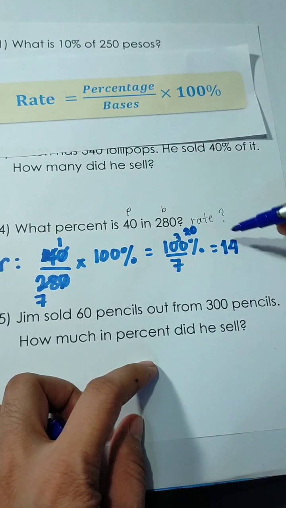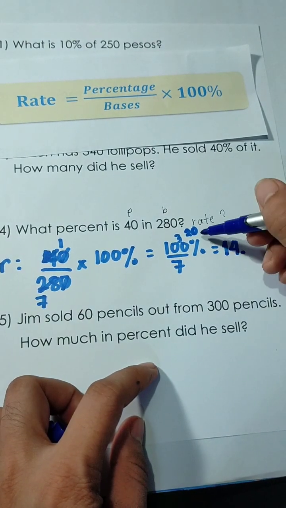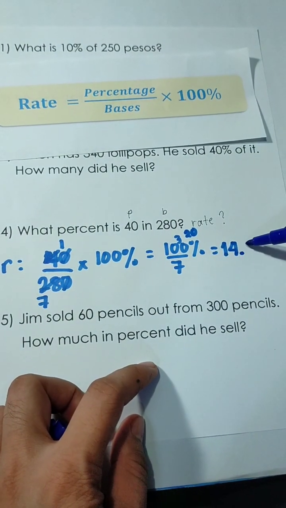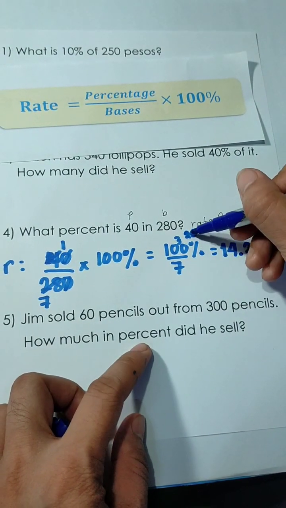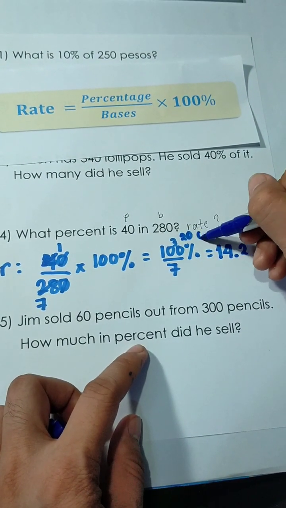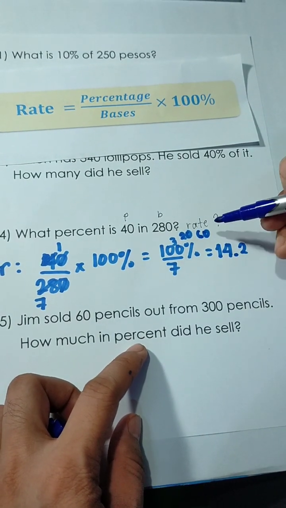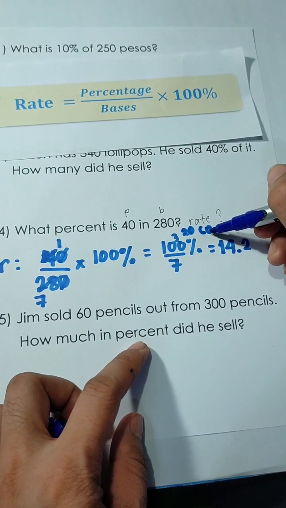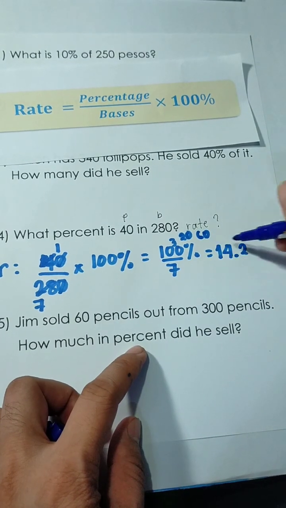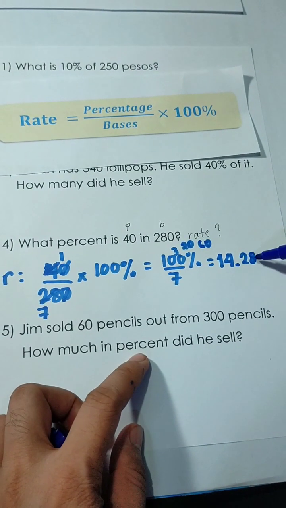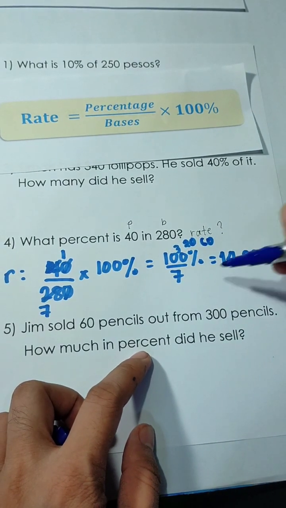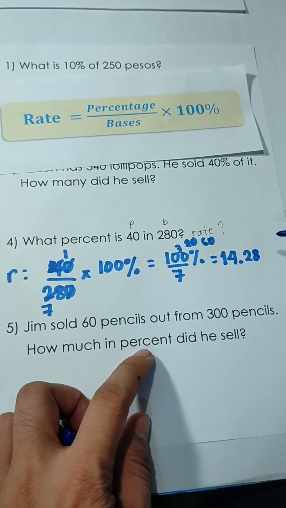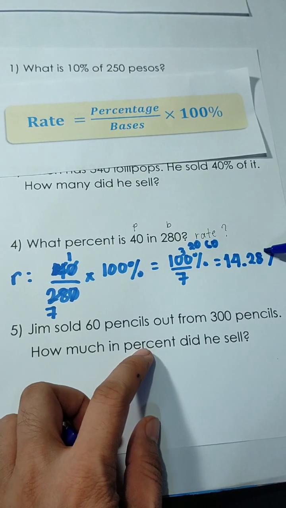We can borrow 0 so that we can start our decimal. 20 divided by 7 is 2. 2 times 7 is 14. From 20, we have a remainder of 6. We borrow 0. And 60 divided by 7 is 8. 8 times 7 is 56. We have a remainder of 4. I will stop here. 14.28%.